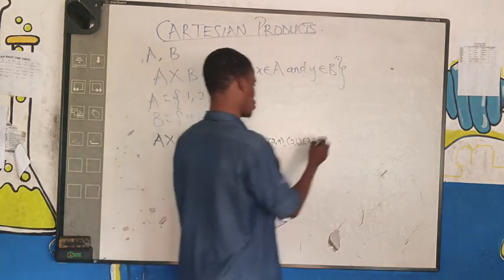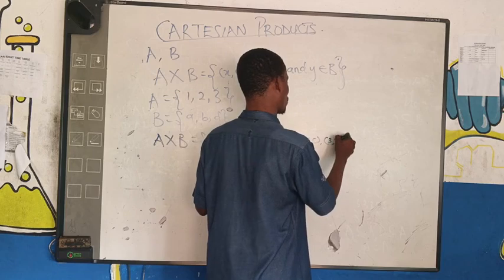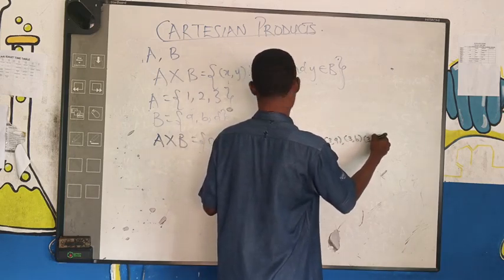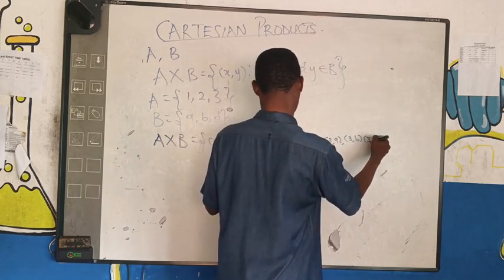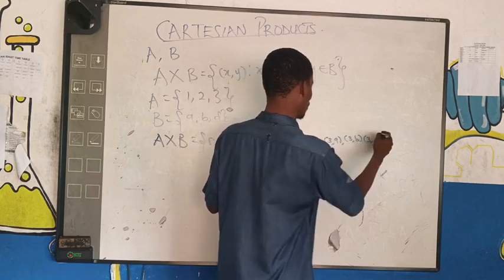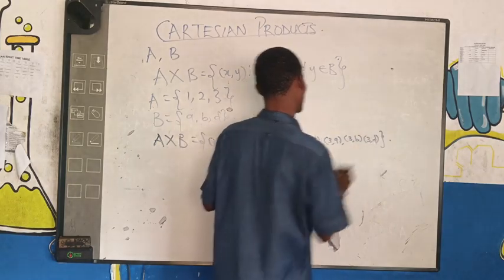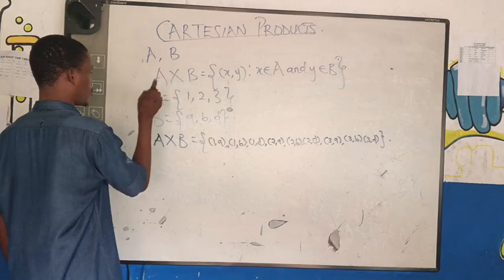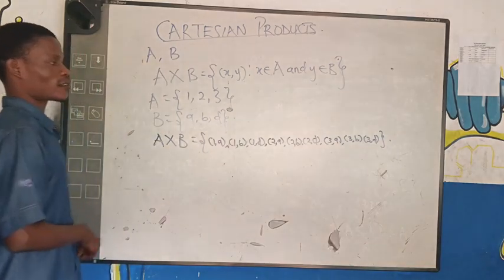And going to 3, 3 can be paired to a, 3 can be paired to b, and 3 can be paired to d. So this is the Cartesian product of these two sets.